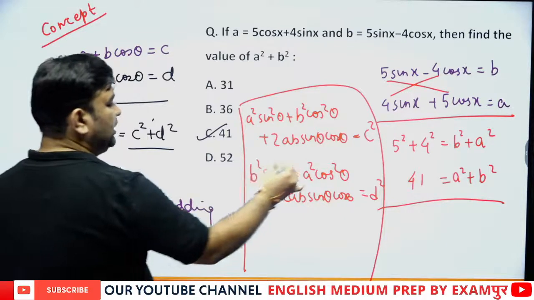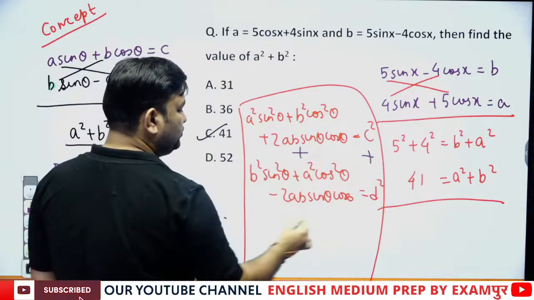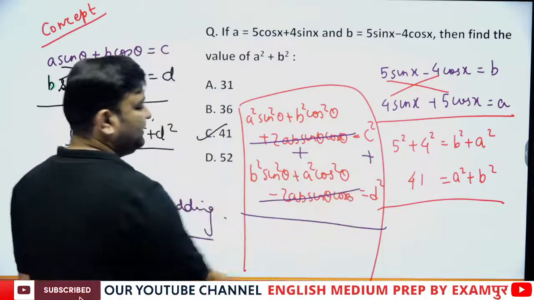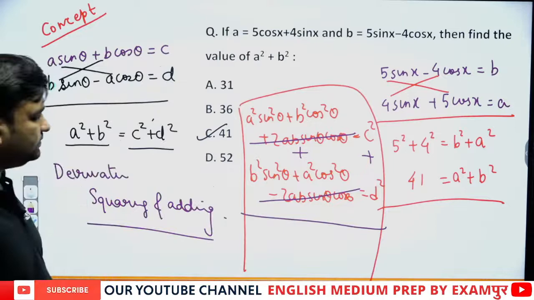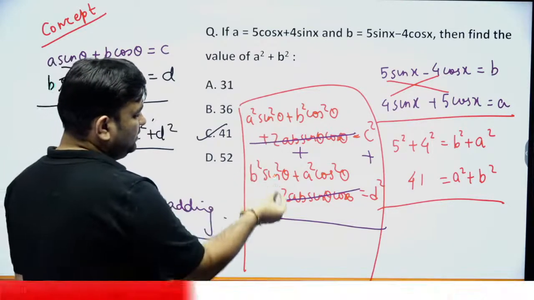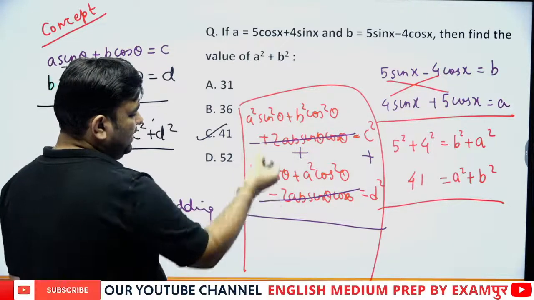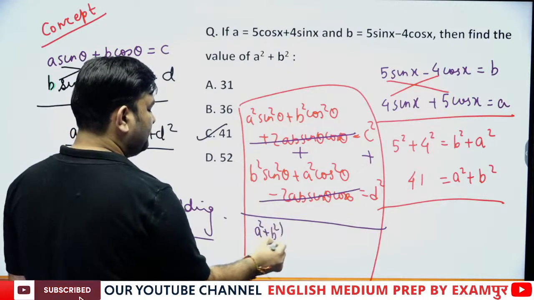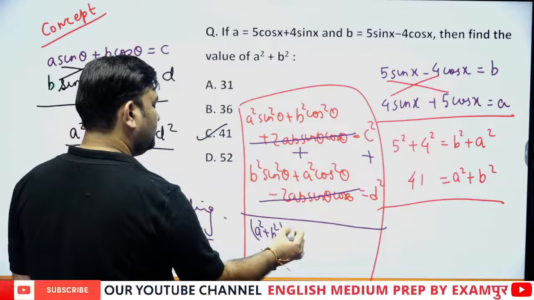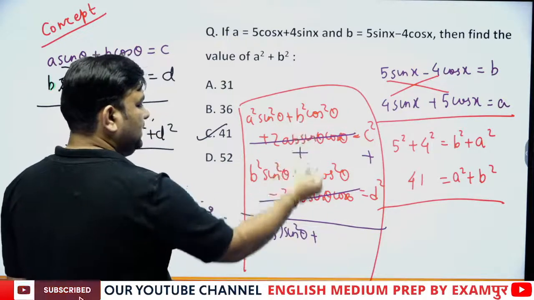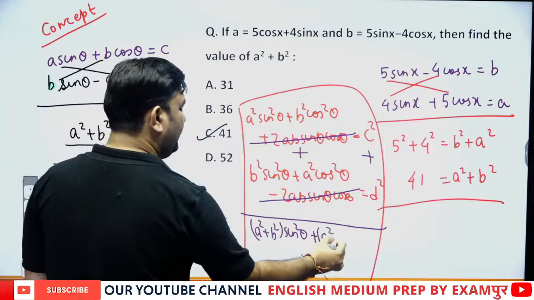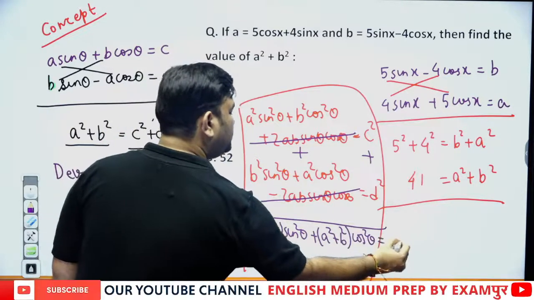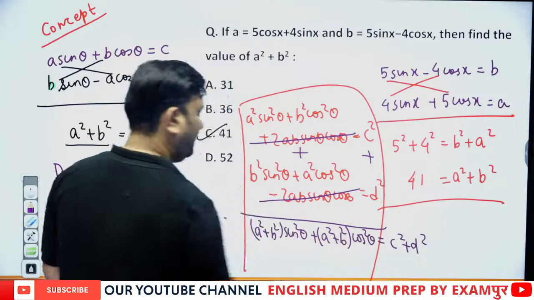If you add these two equations, 2ab sin theta cos theta minus 2ab sin theta cos theta will go. So (a square plus b square) sin square theta plus (a square plus b square) cos square theta is equal to c square plus d square.